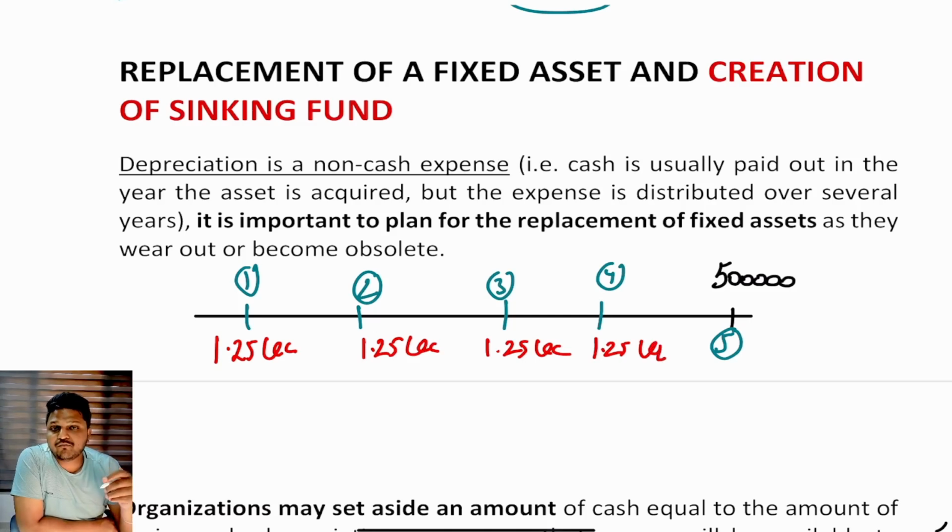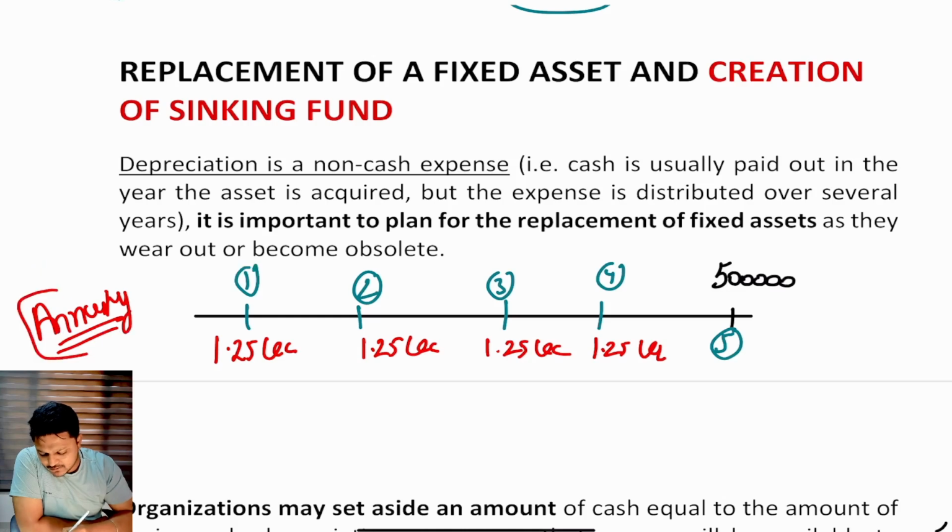So whensoever we deposit a fixed amount at a regular interval, that forms an annuity. Annuity is of two types: one is the ordinary annuity, and the other one is annuity due.